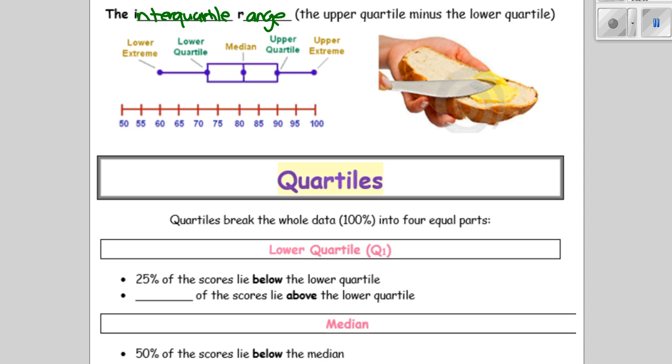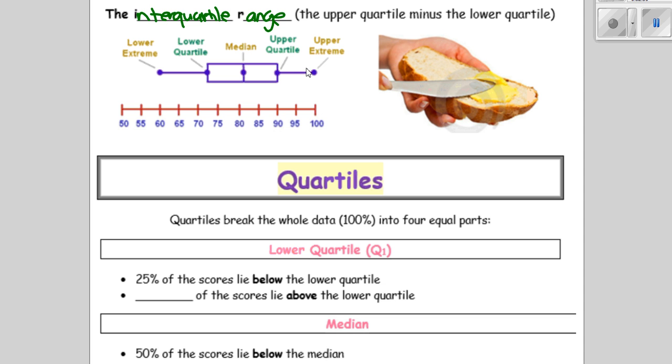But if it breaks the data into quarters, why are some wider than others? Yeah, that's a good point. If there were 200 students in the school, how many scored between 90 and 100?